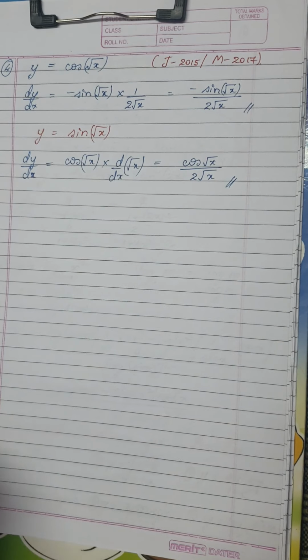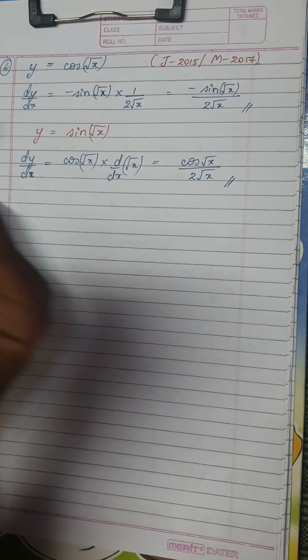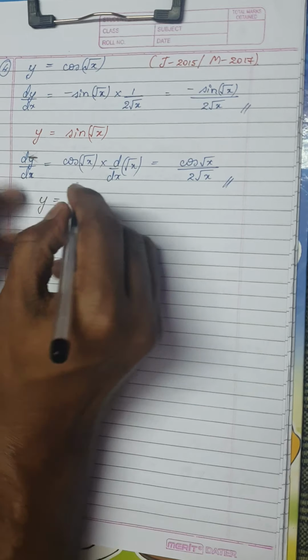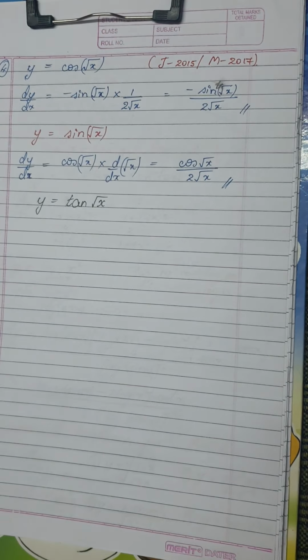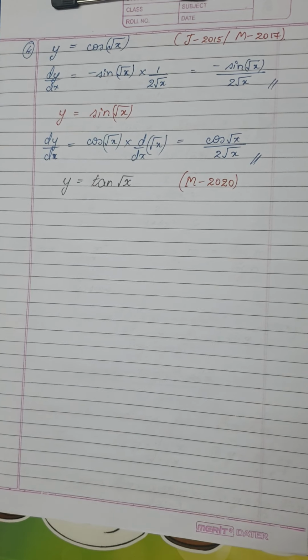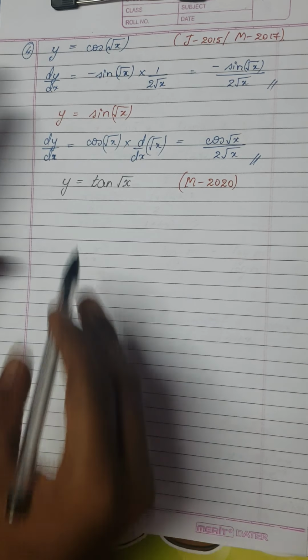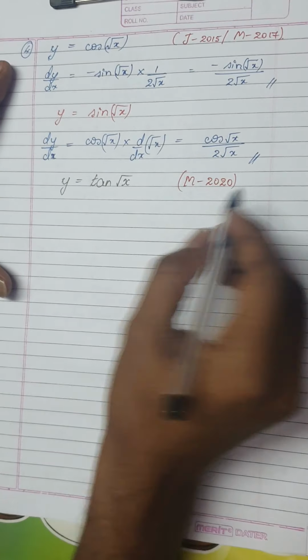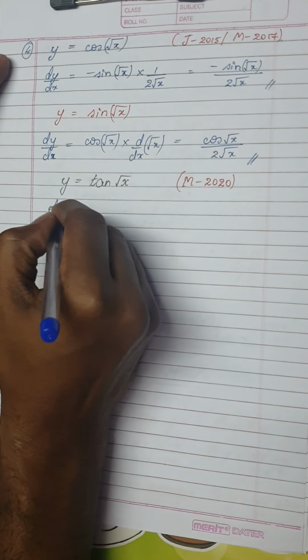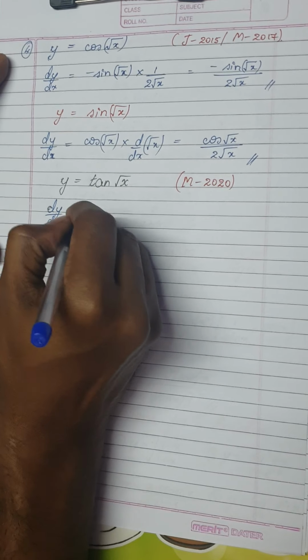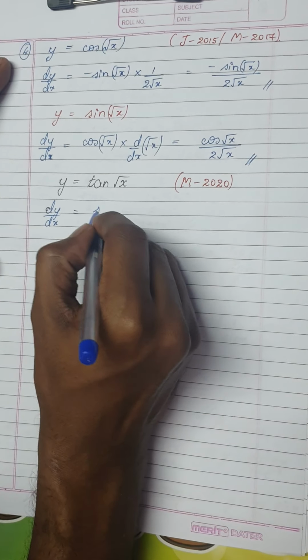What if in case they ask you y is equal to tan of root x? In March 2020, they asked the question, if y is equal to tan of root x, find dy by dx. So dy by dx is nothing but, what is the derivative of tan?